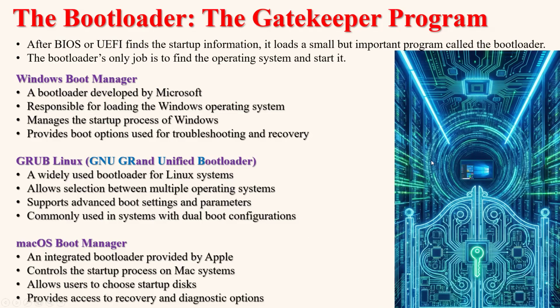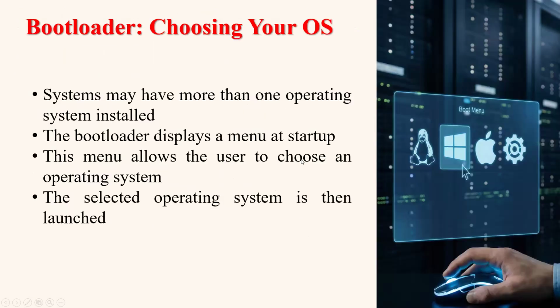So in many systems, more than one operating system is installed. For example, Windows and Linux on the same machine, multiple Linux distributions on the same machine, even recovery environments are available on the same machine. In all such cases, the bootloader displays a menu at startup, and this menu allows the user to choose which operating system to load.